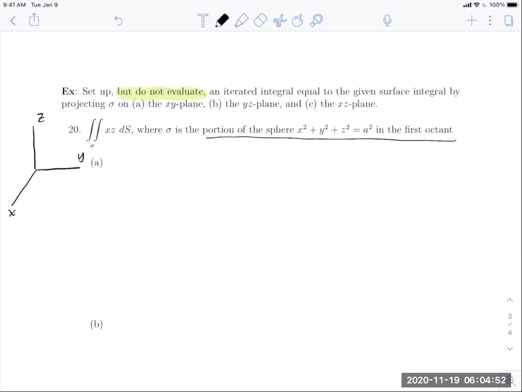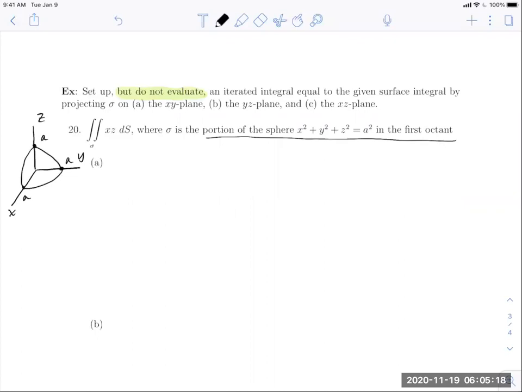And we have a sphere of radius a. So I'm just going to draw that octant of the sphere. And all of these are out a on each of the coordinate axes. So we have this eighth of a sphere.